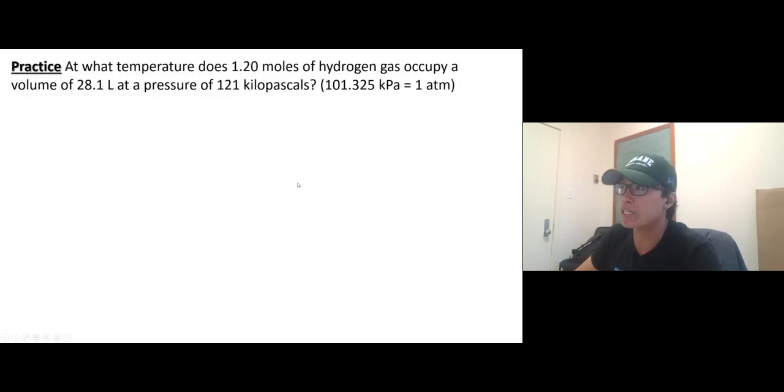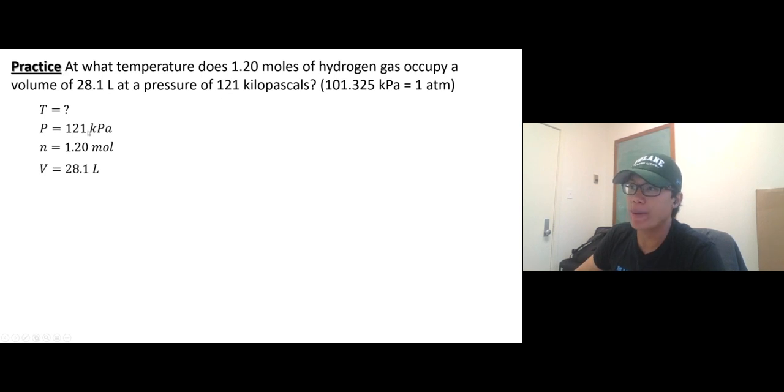At what temperature does 1.20 moles of hydrogen gas occupy a volume of 28.1 liter at a pressure of 121 kilopascals? So we're looking for temperature. We have moles, 1.20 moles, 28.1 liter, and the pressure of 121 kilopascal. We have everything, just find temperature.